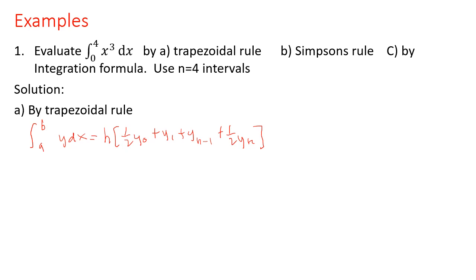Where your h equals b minus a over n, equals 4 minus 0 over 4, equals 1. So you make a table here with x and y.